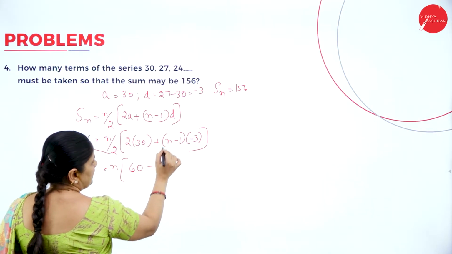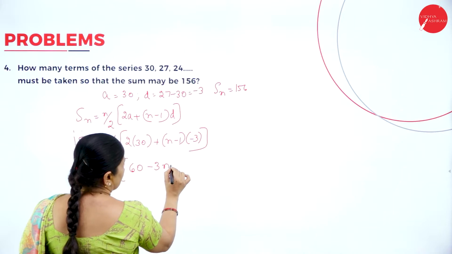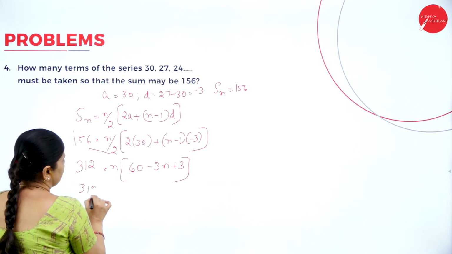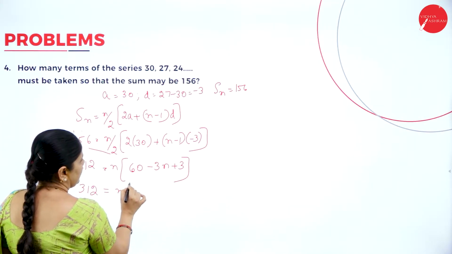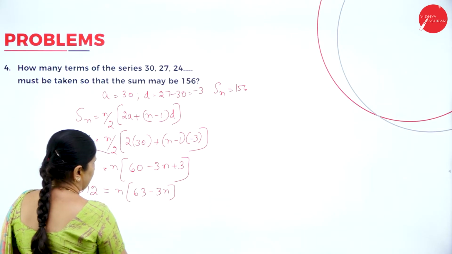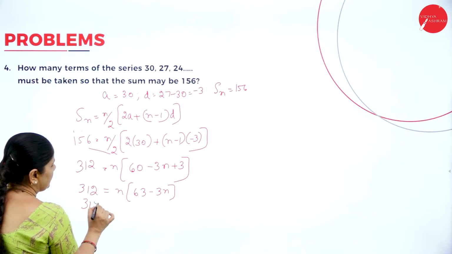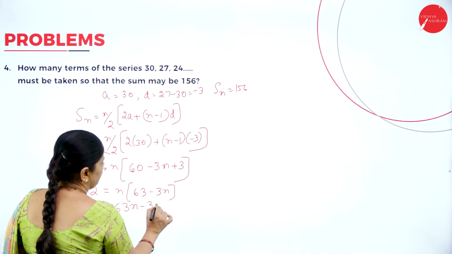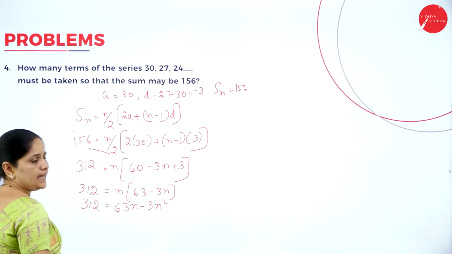So minus 3 into n is minus 3n, and minus 3 into minus 1 is plus 3. So 312 equals n into 63 minus 3n. So 312 will be 63n minus 3n square.